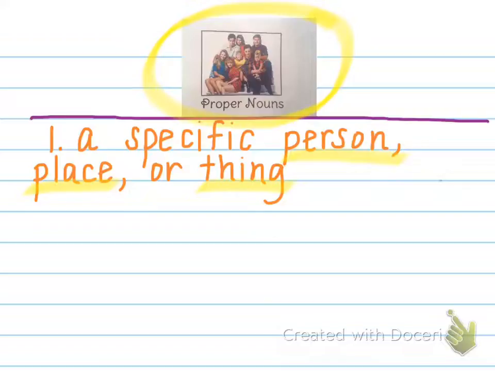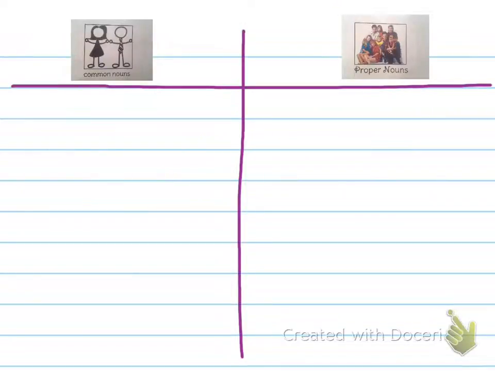Now, let's look at the bottom of our T-chart. Looking here at my slide, it doesn't look like I have written anything, but we both know that you've written several things in these spaces. You've written 3 things about common nouns, and you've written a definition for proper nouns.